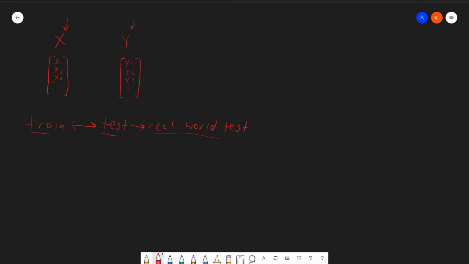So what might be some examples of just a bare bones machine learning algorithm with training, testing, and real world? So an example could be, if we have this x and y here, say we know these x data points are on some linear function. So we would have x here and y here.